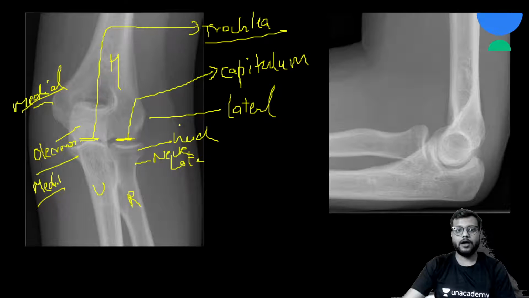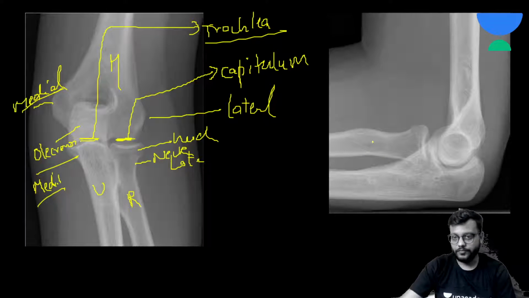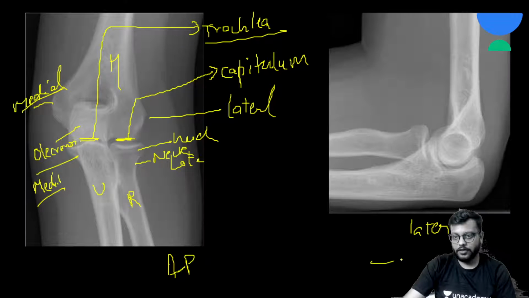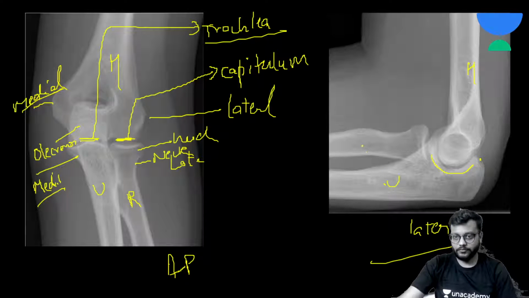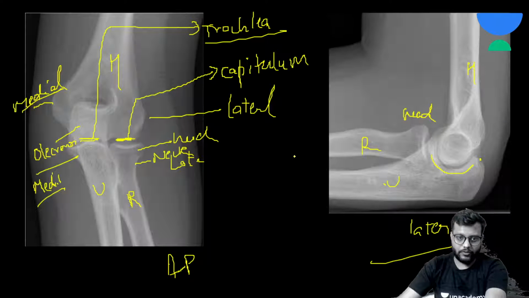Okay, so this is the AP view, this is the lateral view. Here you can see this is the humerus. Okay, this is the olecranon, this is the tip of the olecranon. Okay, and this is, sorry, the ulna, this is the radius, this is the head of the radius. Okay, this is the elbow joint.